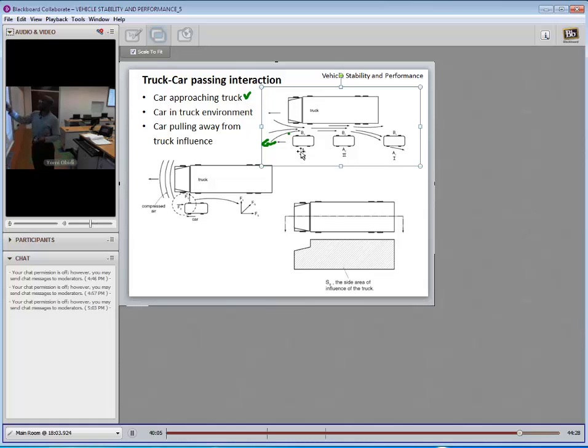Now, this truck has a blunt surface area, as you can see from here. So it's already had the air before it compressed. So it's that compressed air that covers this whole area, including the region of the car. So that compressed air comes like that, and as it comes, it shoots through with high speed.